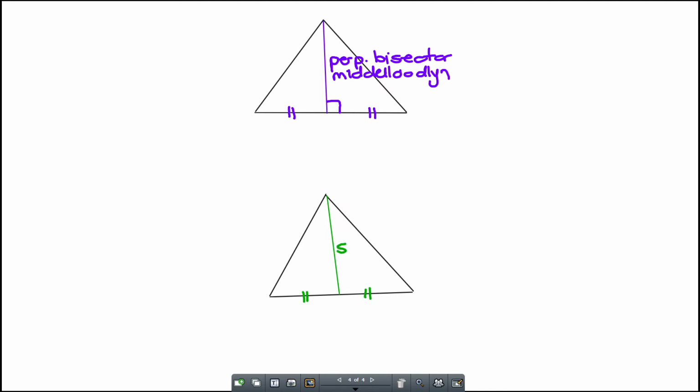Okay. Ja, okay. Median. Sorry, is baie lelik geskryf.